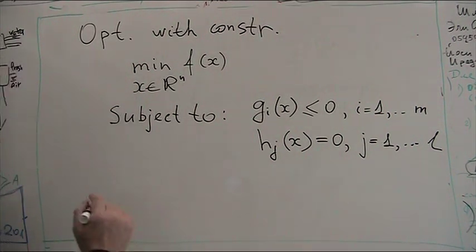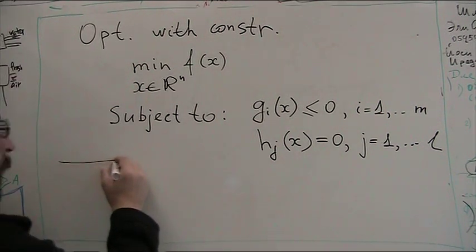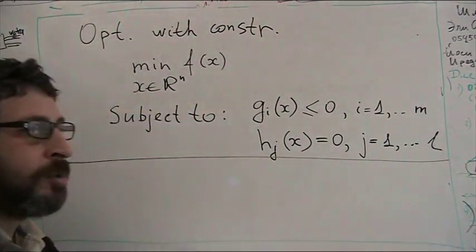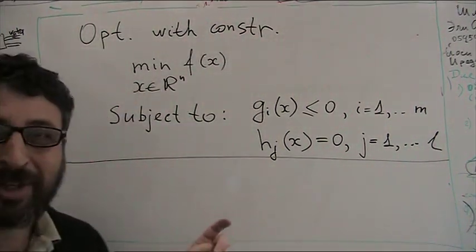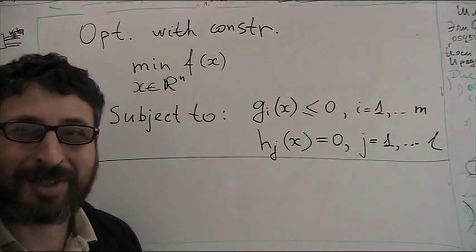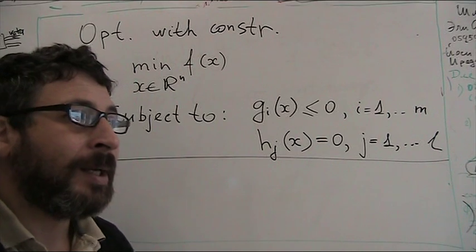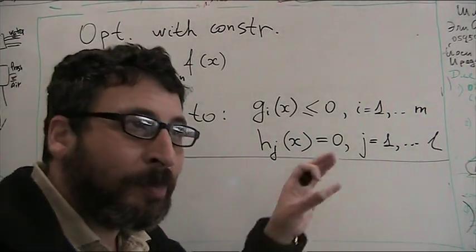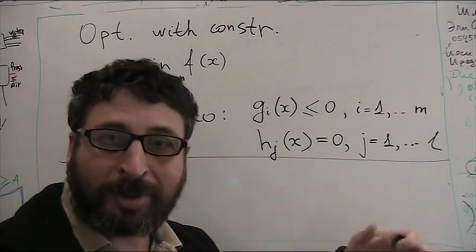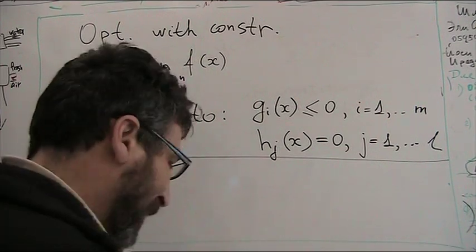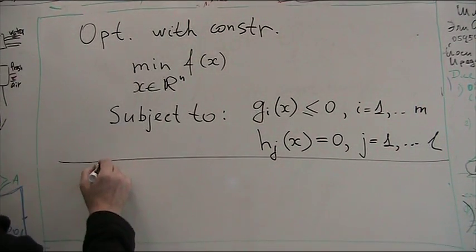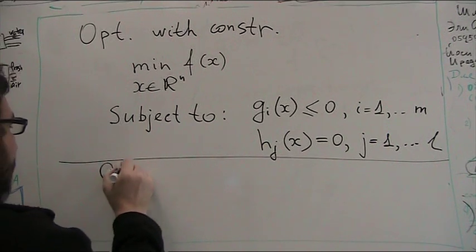And in our course, for both unconstrained and constrained optimization problems, we will consider how we can know whether the point we have is already an optimal solution, which is called optimality conditions.